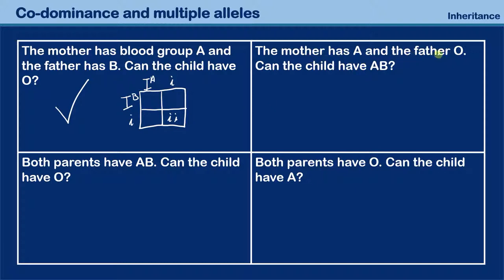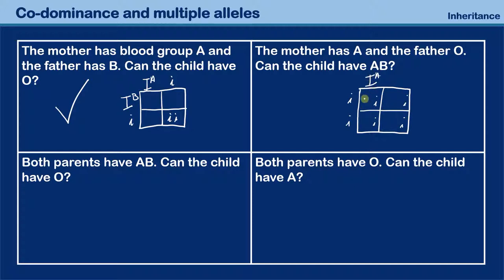What about the next example? The mother has A and the father has O. Can the child have AB? Let's say we have a child with blood group AB. The mother has A, IA. We do not really know about the other one yet. And the father has O, so lowercase i. This means that everywhere over here there must be a lowercase i.